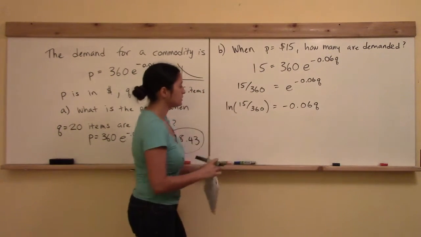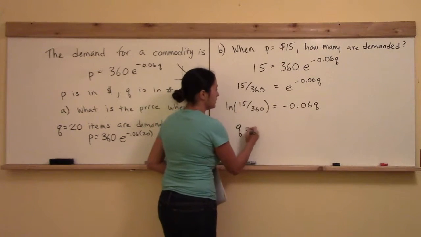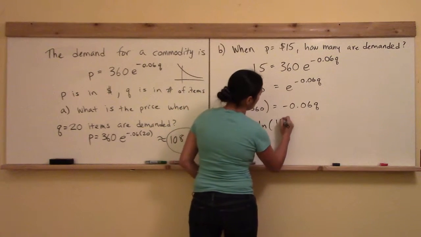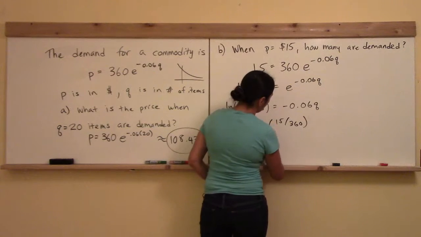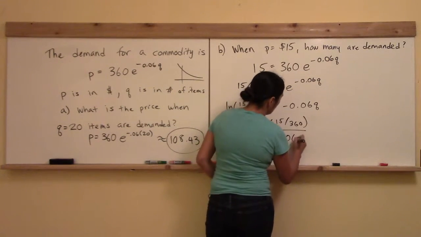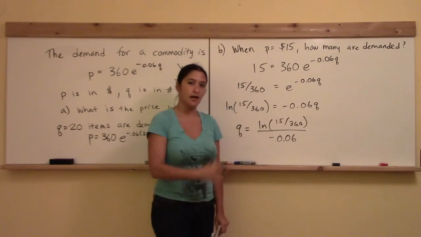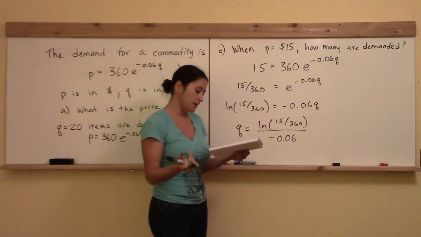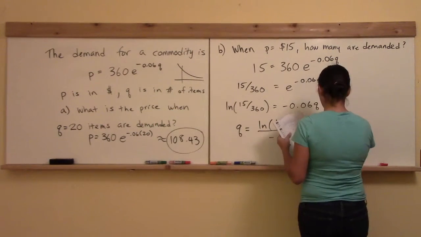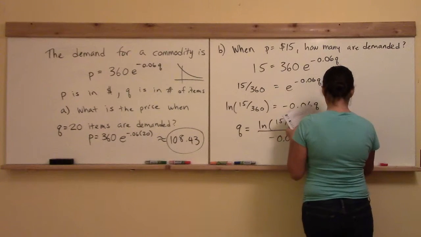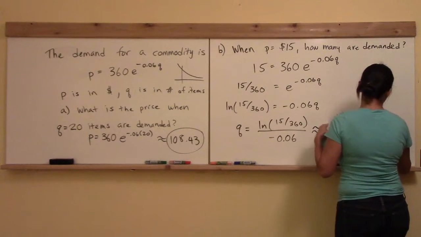Okay, and so you can see that the value for q, the quantity, is going to be the natural log of 15 over 360 divided by negative 0.6. That would be the exact answer, but if you go to your calculator and try to figure that one out, I got about 52.97, or 53.